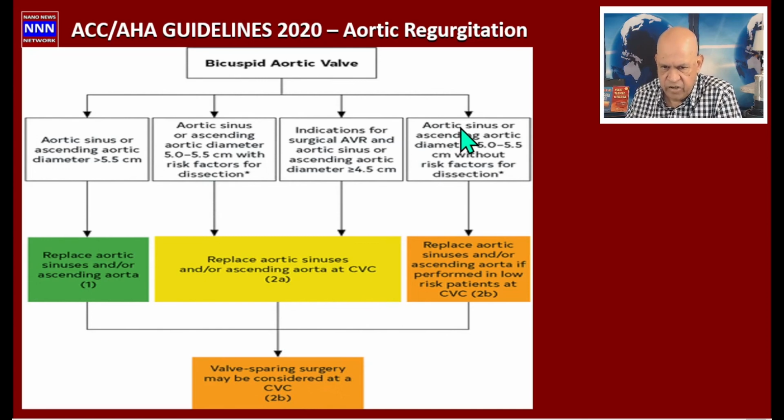Similarly, for an ascending aortic sinus or aortic root diameter of 5 to 5.5 centimeters without risk factors for dissection, replace the aortic sinus and the ascending aorta if performed in low risk patients at comprehensive valve centers. That's what the CVC stands for.